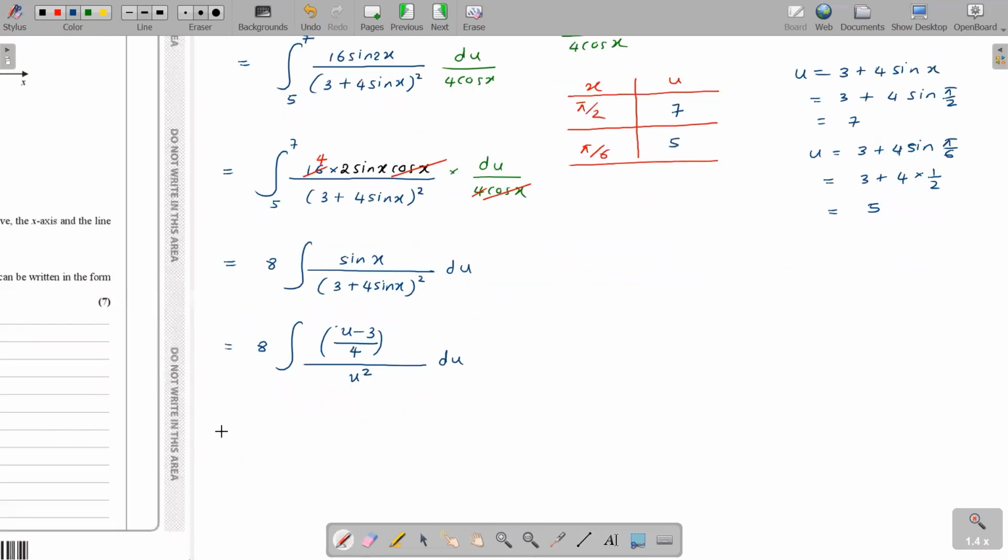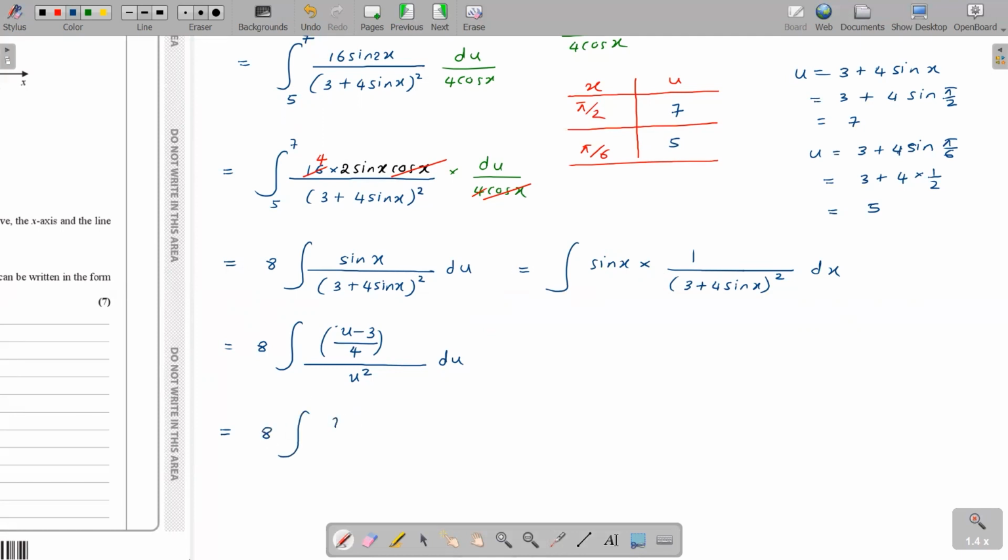Okay, shall we make the lines properly? This is the large division here. I hope this is clear with you all. If you want, you could have written this as sin x into 1 over 3 plus 4 sin x squared, because some of you get confused with all the division lines here. So sin x is u minus 3 over 4 into 1 over u squared.